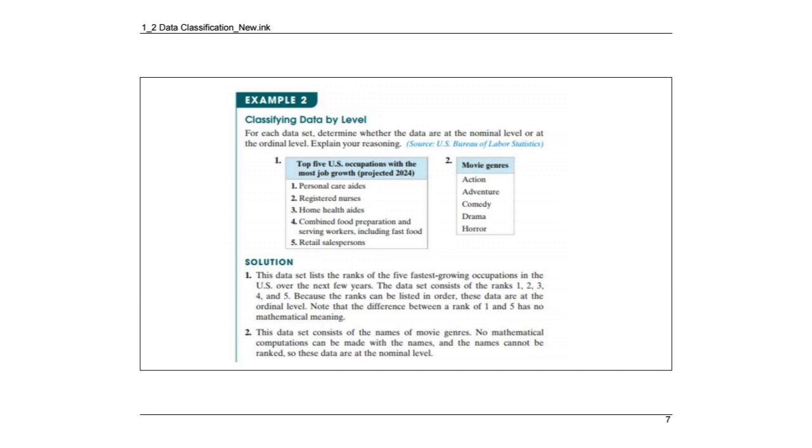All right, so let's look at this first one. This first table says top 5. So these are ranked, right? They're in order. Since they're in order, we're going to say that they're ordinal. This is ordinal data because they're ranked.